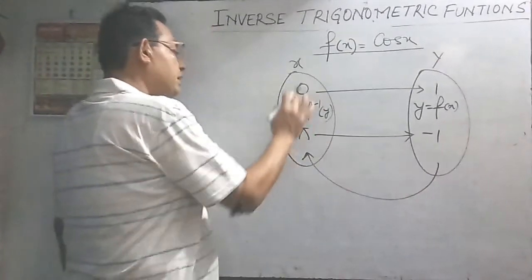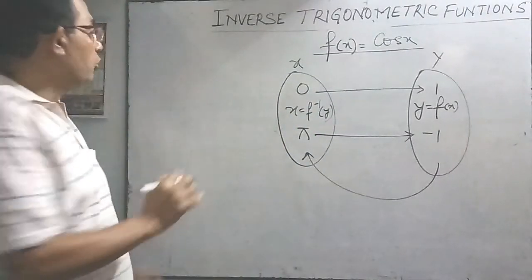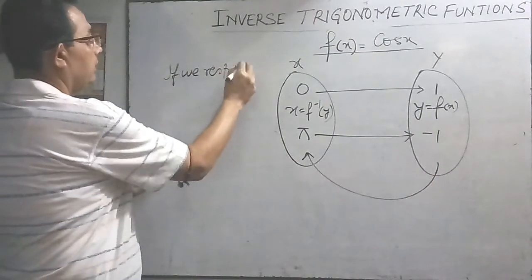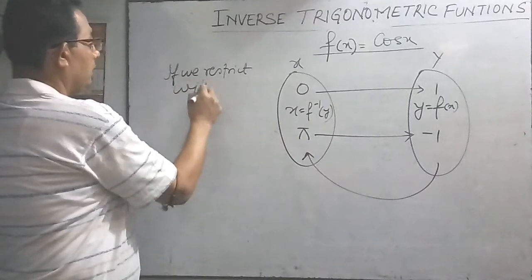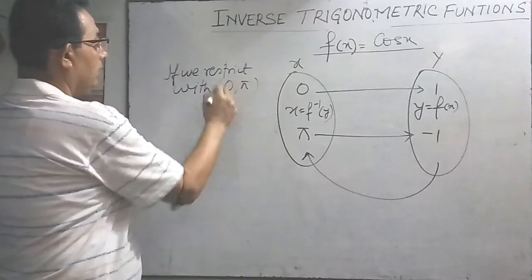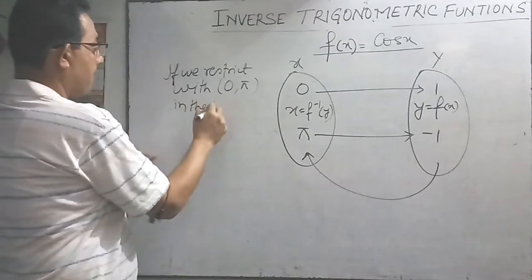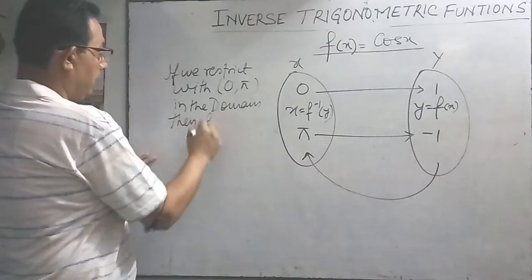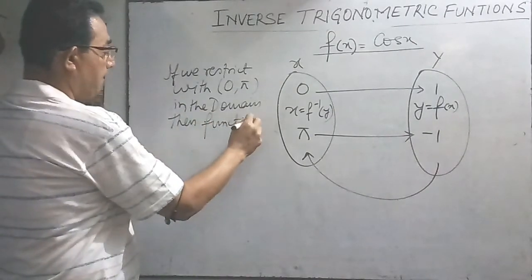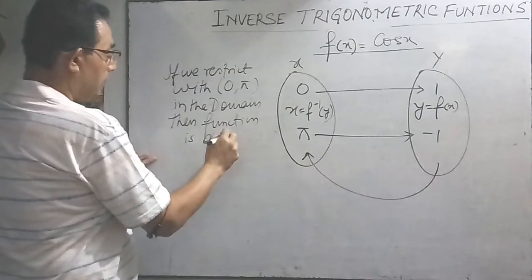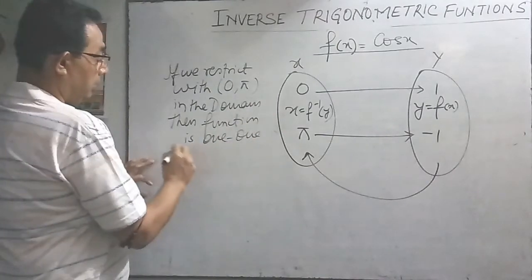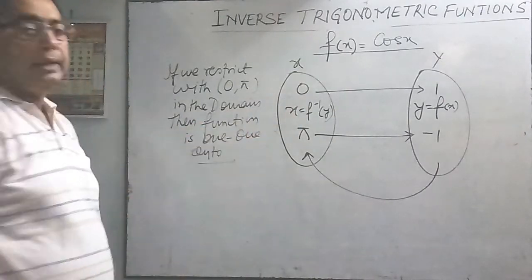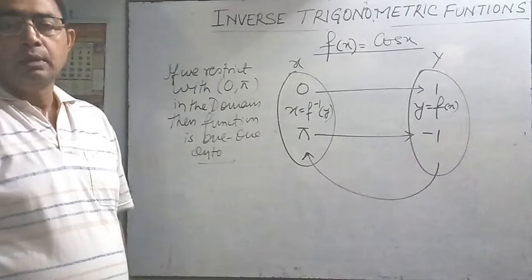Now, if we restrict with 0 and pi in the domain, then function is one-one and onto. If you restrict with 0 to pi. Clear?